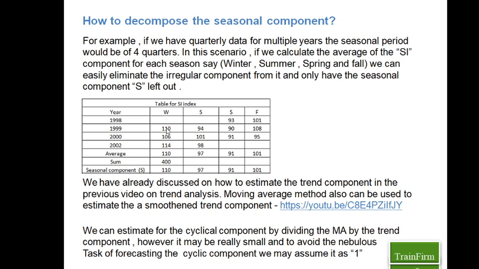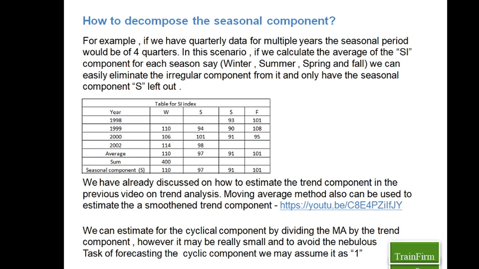And if I take an average of all these SI numbers, the average will give me a smooth number which would have already removed the irregular component, because the seasonal and irregular component is something which will swing out a lot. So if I take an average of those numbers, I'll get a point estimate which nulls out the irregular component, which leaves us with only the seasonal part.